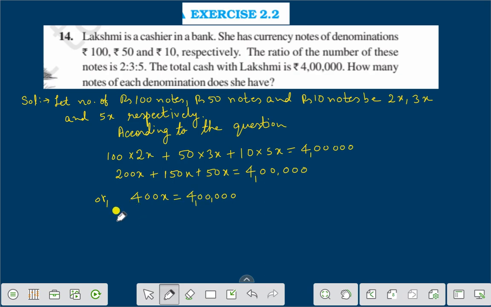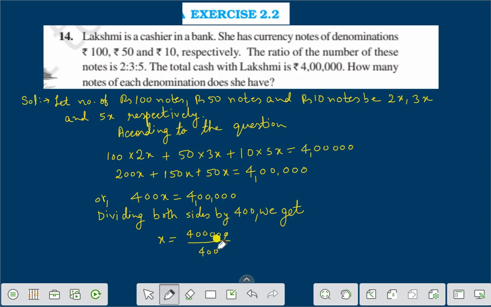Dividing both sides by 400, we get 400x by 400 is x, equal to 400000 divided by 400.